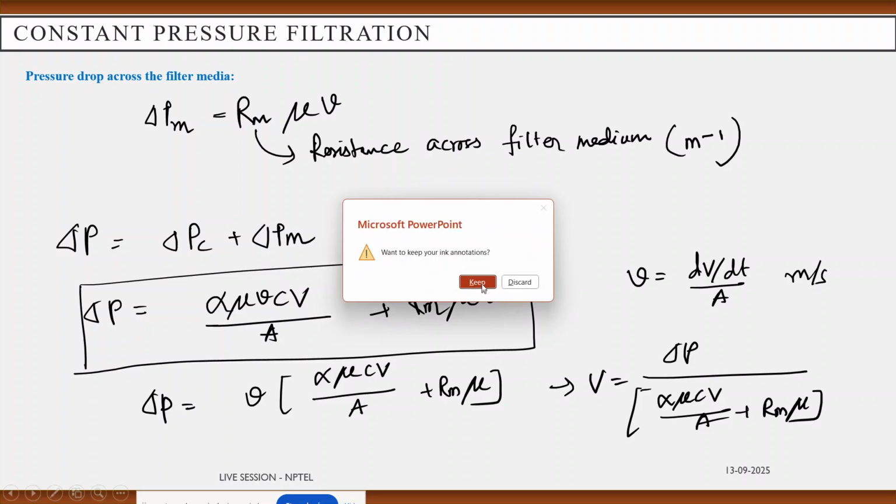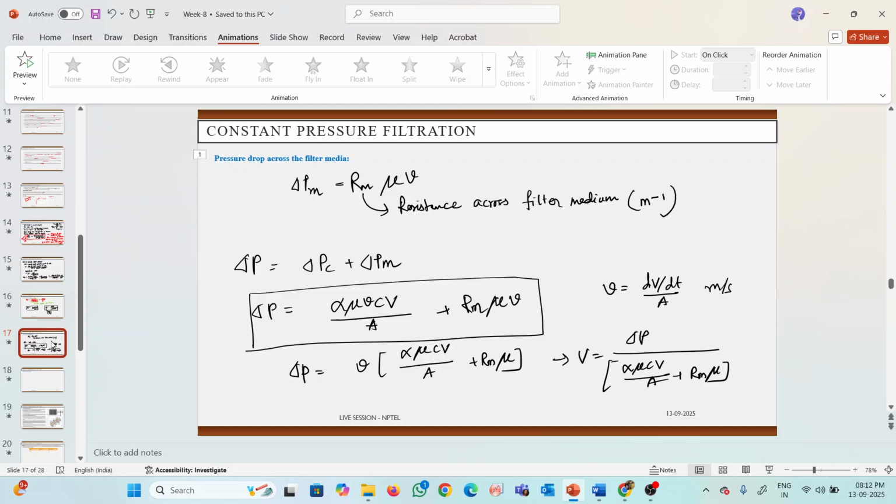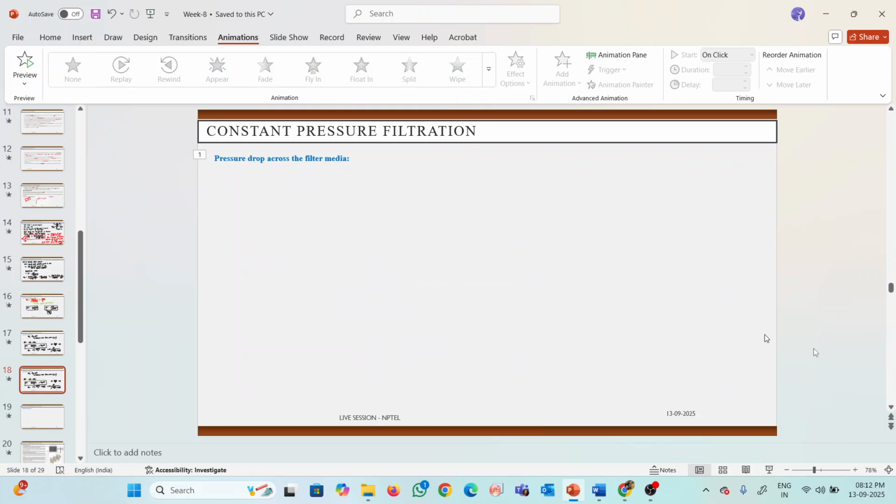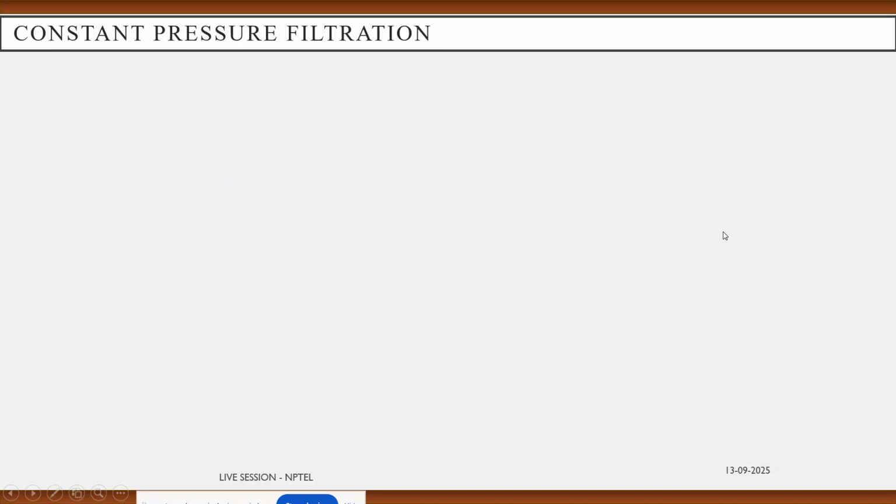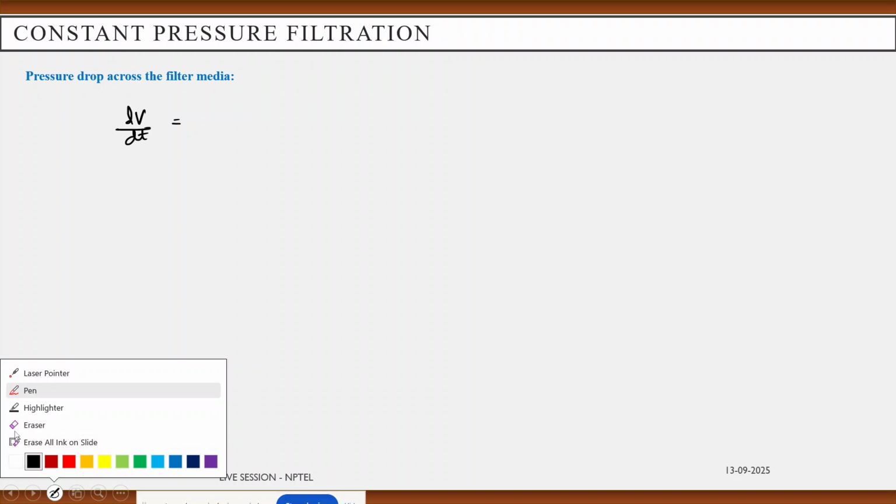Now we are going to calculate del V by del T, or it is easier to calculate del T by del V.